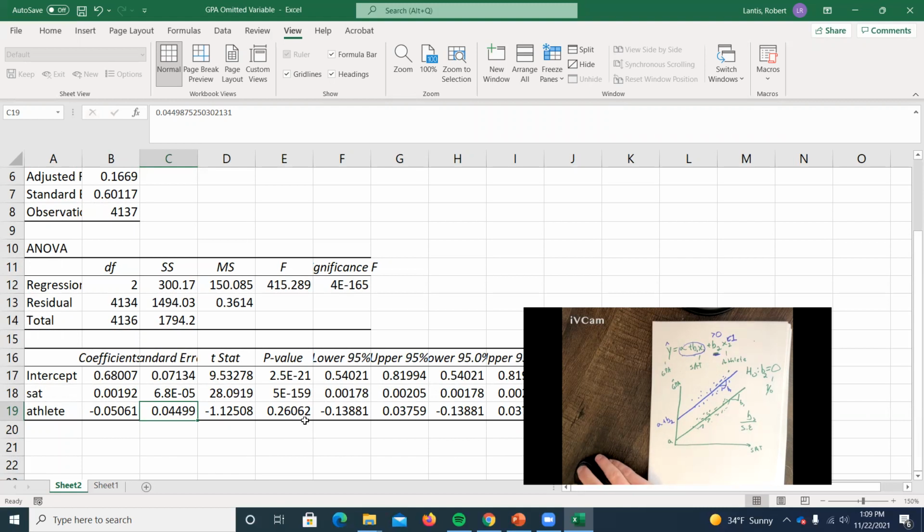So at all conventional levels, we fail to reject the null, where the null is that the slope is equal to 0, or that there is no effect of being a student athlete on predicted GPAs. So at least with just these two variables on the right-hand side, we can't say with any statistical significance that there is an effect of being an athlete on GPAs, because we fail to reject the assumed true value of 0 on that coefficient.